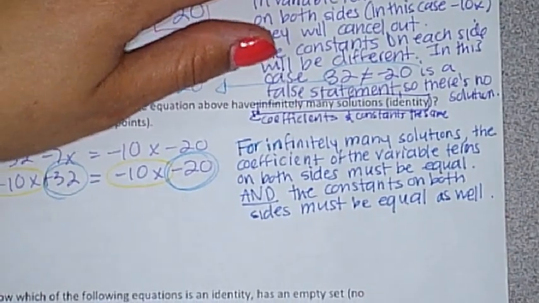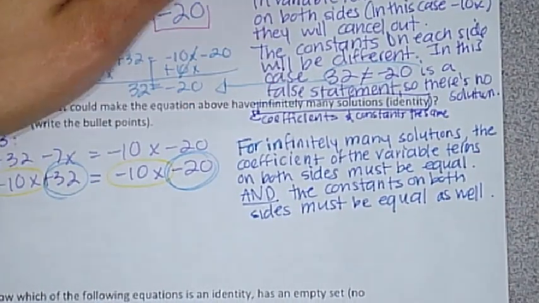Okay? The value of P won't change the constant of 32 or negative 20.